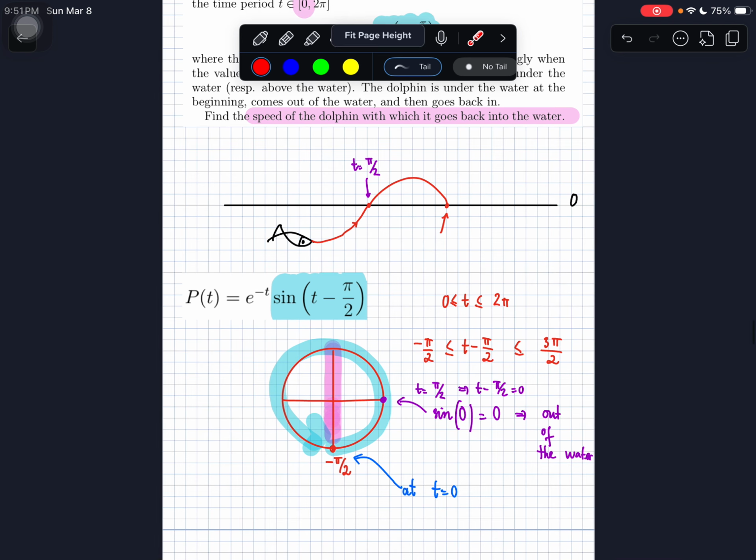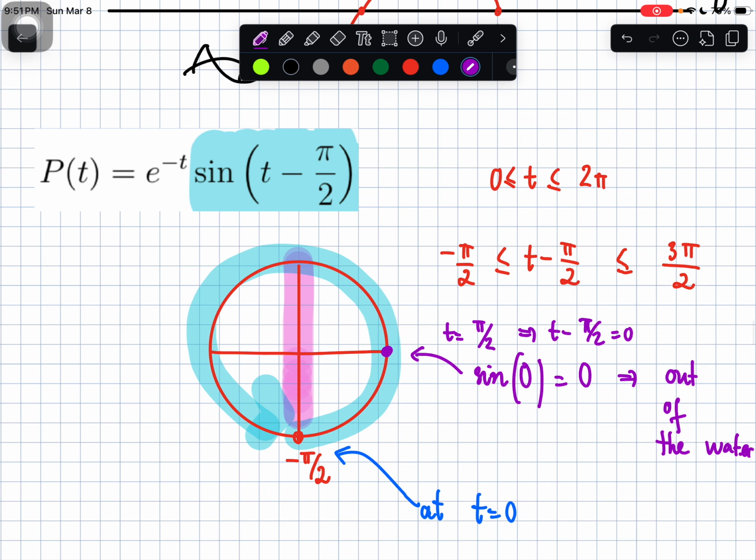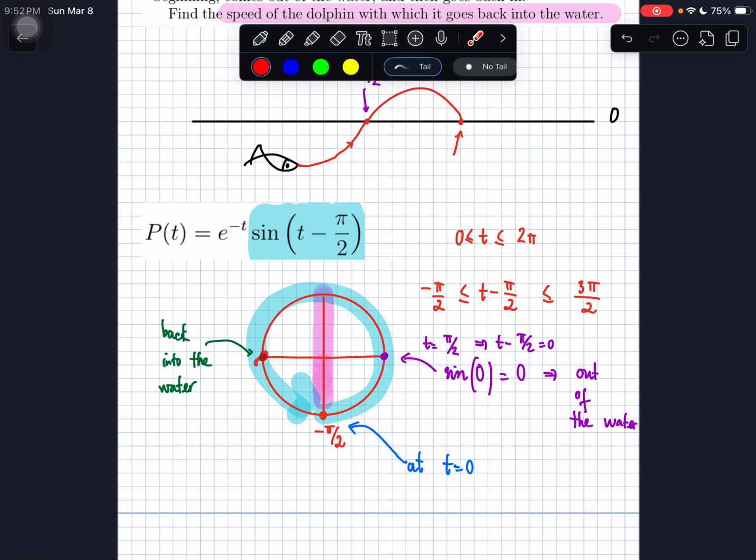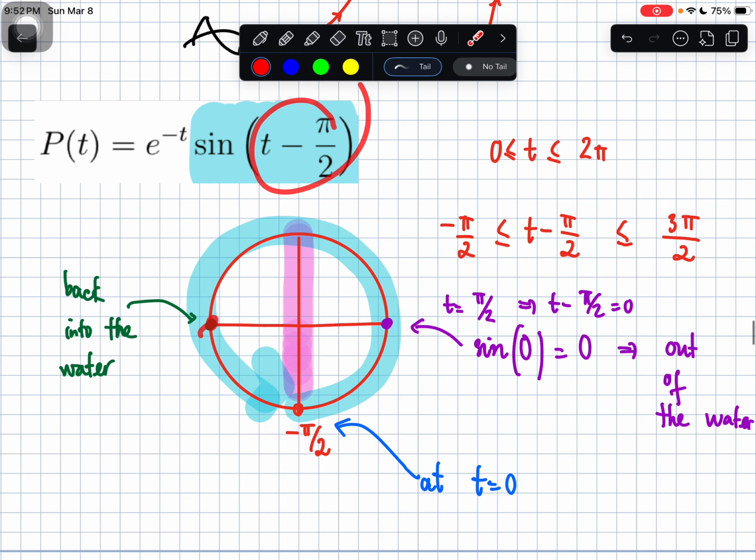And now we want it to go back into the water. In order for that, this one needs to be 0 again. So we need to be at this moment here, where the dolphin goes back to the water. So we want the angle here, t minus pi over 2, equal to pi.